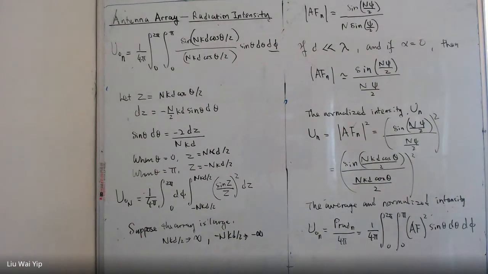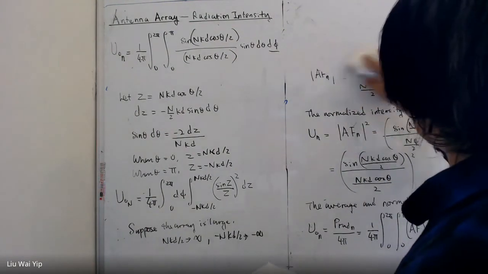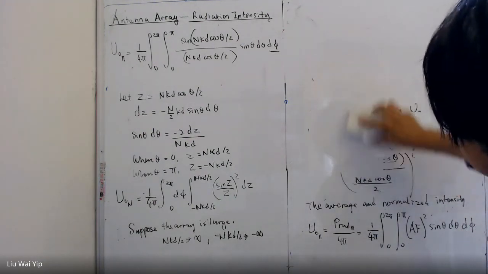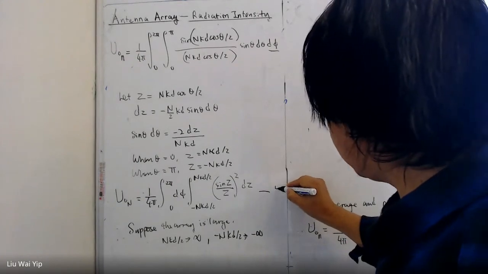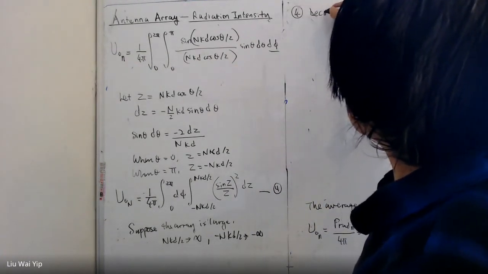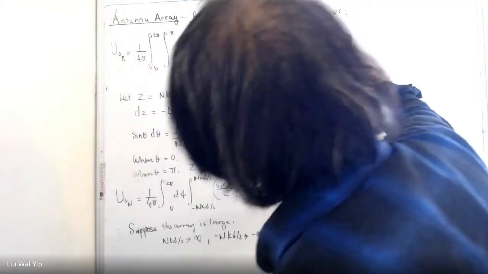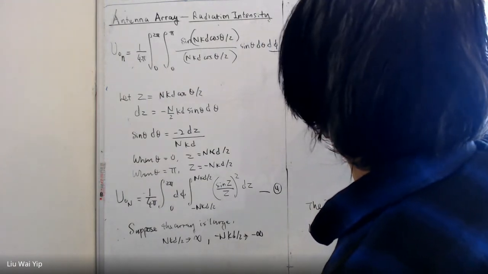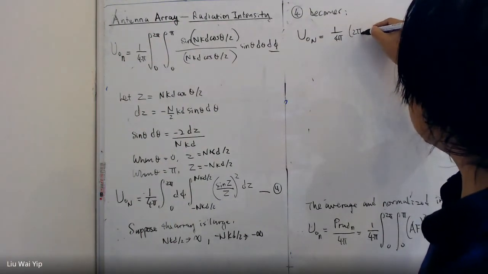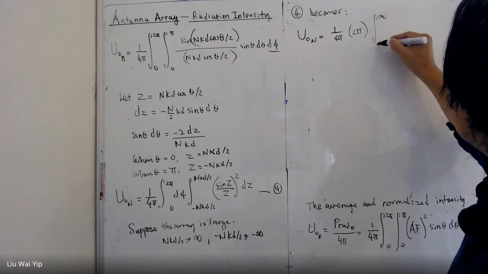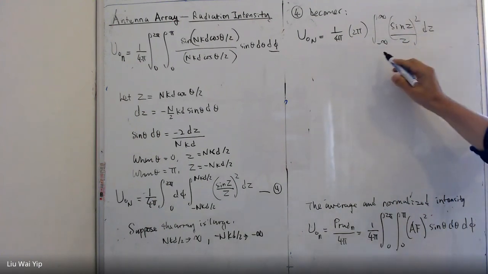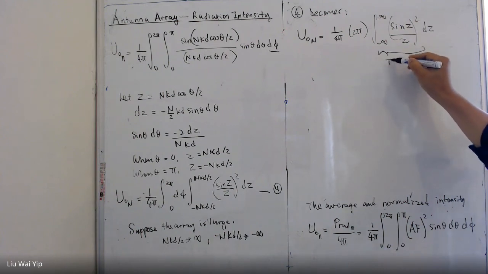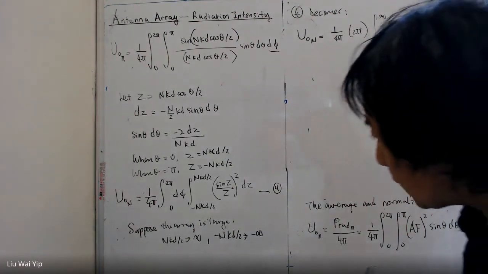So the whole integral becomes, let's say this is equation 4, the integral from minus infinity to infinity of sine squared v over v squared dv, and this value is approximately given as pi. So with this in mind, we basically resolve everything.